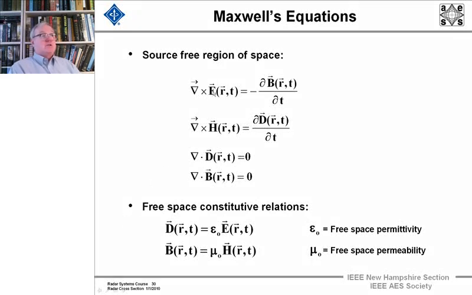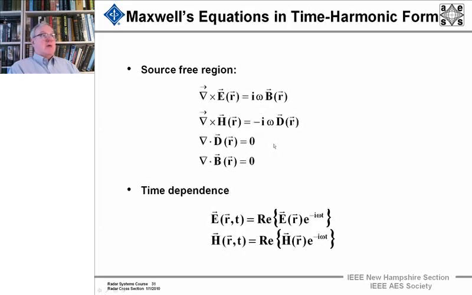Here are the source-free regions in space, and here are Maxwell's equations in a source-free region of space, and the free space constitutive equations, which relate the flux with the fields, both electric and magnetic, and here are the free space permeability. And these are the time harmonic forms.